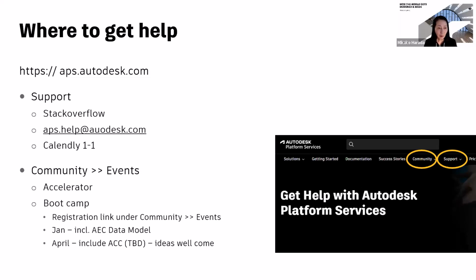The third option will be a one-on-one with Calendly. We use a one-on-one appointment system called Calendly. You can choose appropriate engineers and ask questions there as well. We get questions about where to ask questions, so just pointing to that.